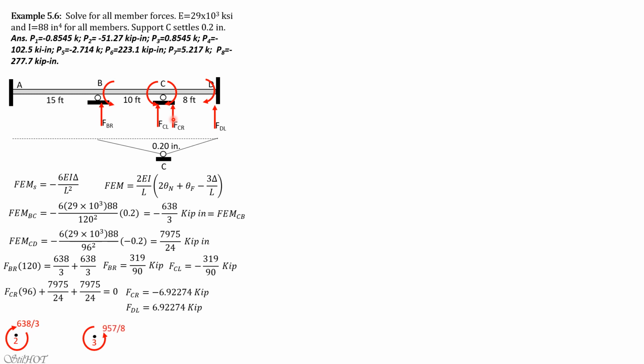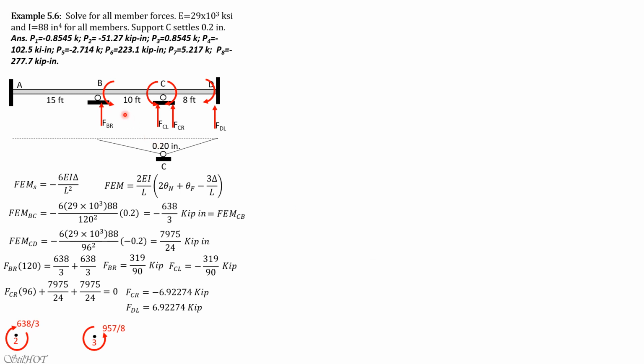The result is positive, 957 over 8. So 7975 over 24 minus 638 over 3, the result is 957 over 8. So it is opposite because we take clockwise positive minus counterclockwise, and the result is positive. So that means the net fixed-end force is clockwise. But the nodal force is opposite to that result, so it is counterclockwise, 957 over 8.